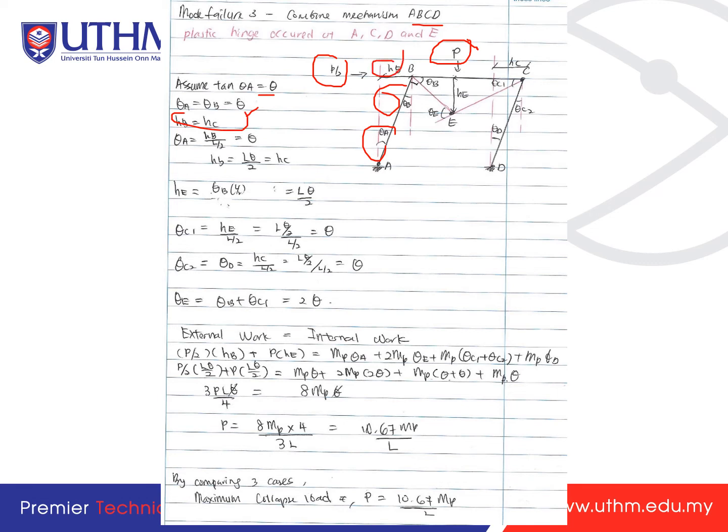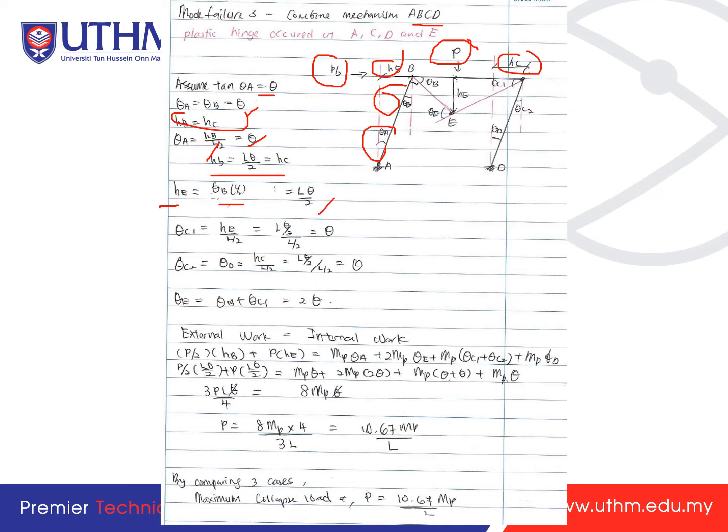Theta A is equal to HB over L over 2, equal to theta. You rearrange it, you will get HB equal to HC equal to L theta over 2. And HE is equal to theta B times L over 2, so it's equal to L theta over 2.